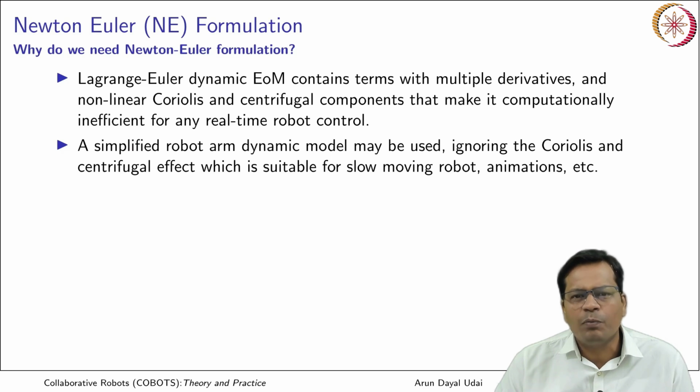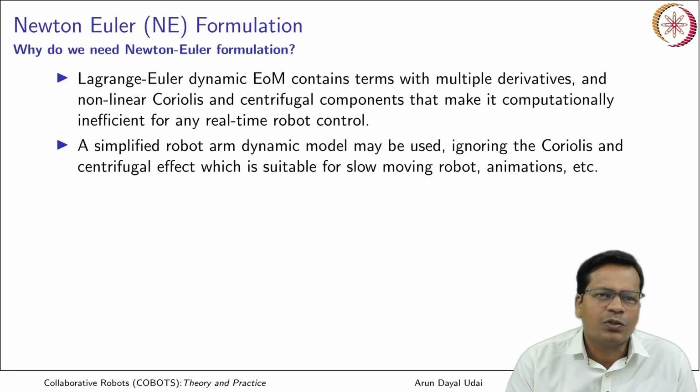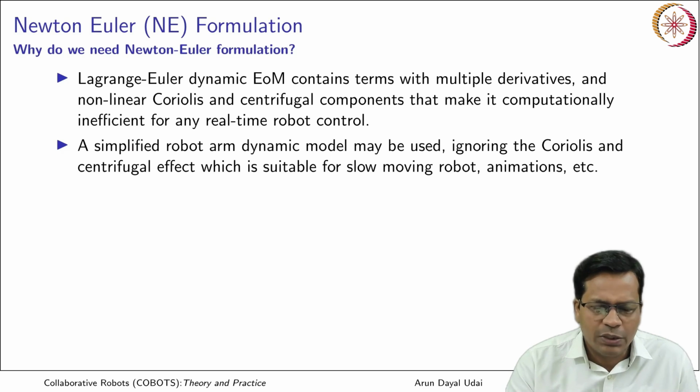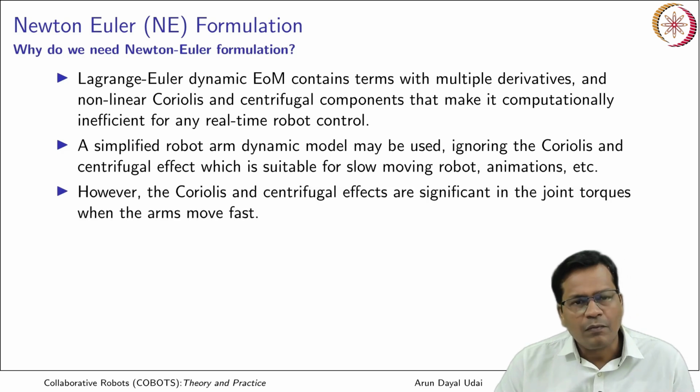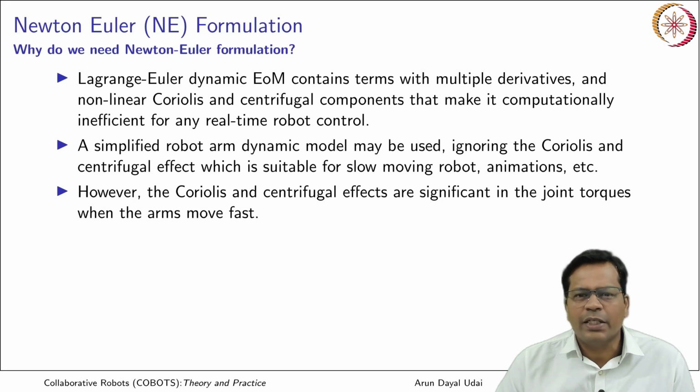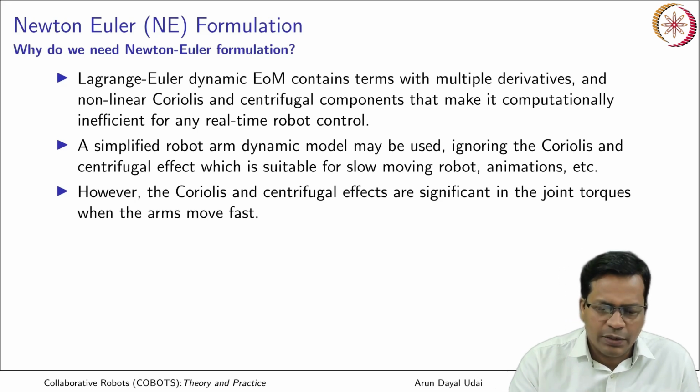Okay, so a simplified robot arm dynamic model may be used by ignoring the Coriolis and centrifugal effects, which is suitable for slow moving robots and animations, but definitely it is still not suitable for faster moving systems. However, the Coriolis and centrifugal effects are significant in the joint torques when the arm moves very fast.